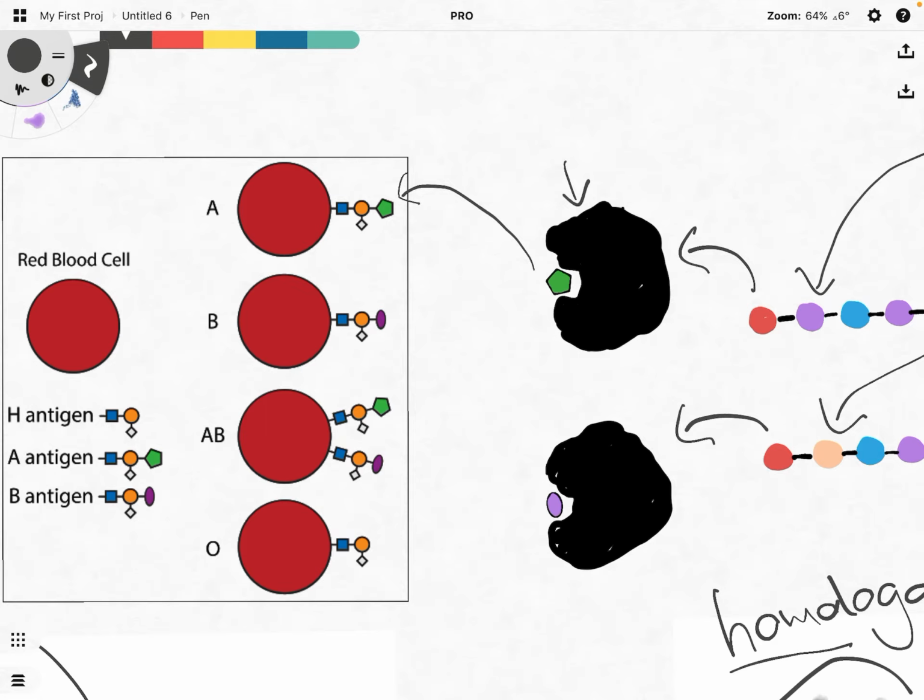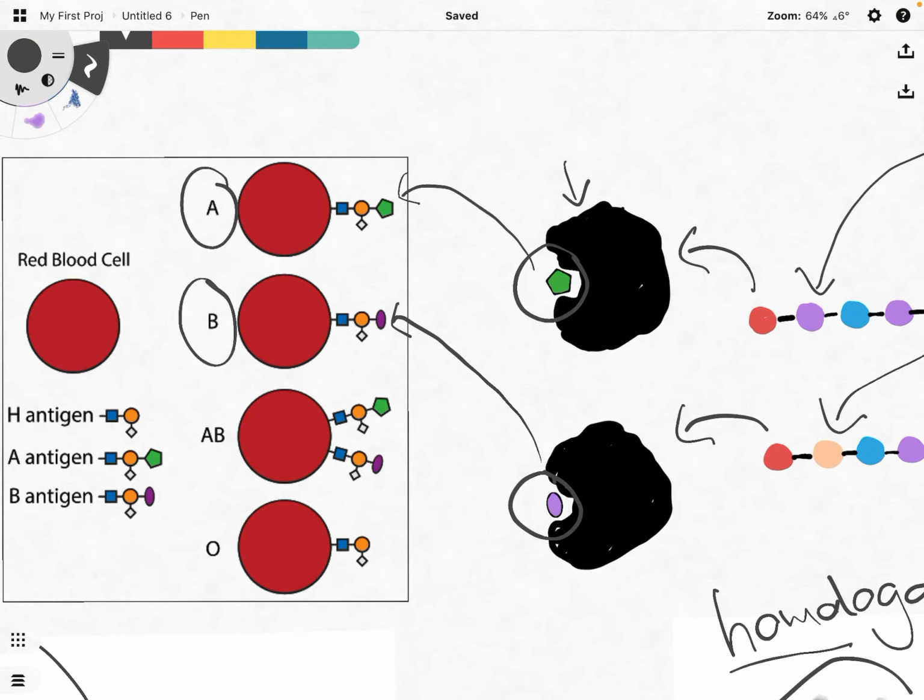Notice, however, because of a change in the sequence of amino acids, the protein that is synthesized is slightly different. They still serve the same function and can attach sugar groups to the surface of the red blood cells. However, now there's a slight difference. It attaches a different sugar group. Because of this slight change in the sugar group being attached, we now result in different blood types.